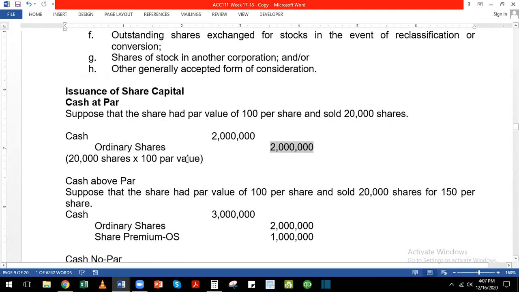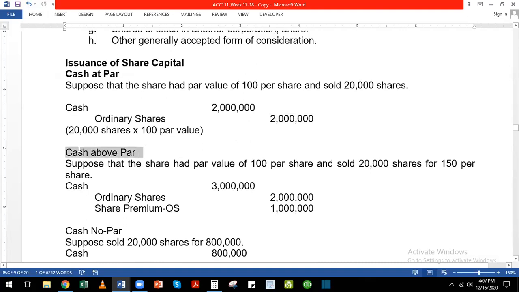Now, if it is above par value, kumbaga, ang shares gibaligya siya more than the minimum required per share. Diba ang par, that is the minimum required per share. So the entry will be, for example, suppose that the share had par value of 100 per share and sold 20,000 shares for 150 per share.